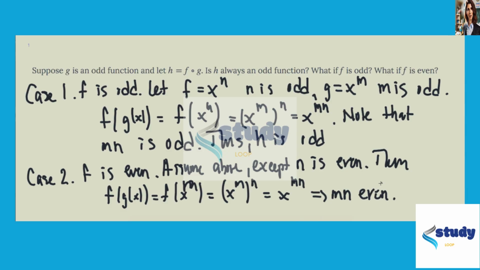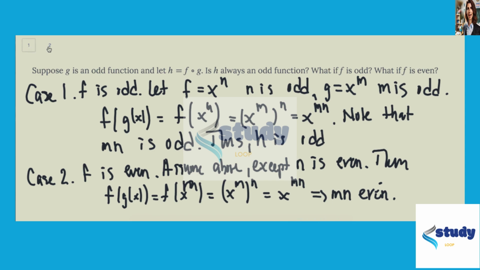So f composed with g is even. Versus the first case, in which f composed with g is odd.